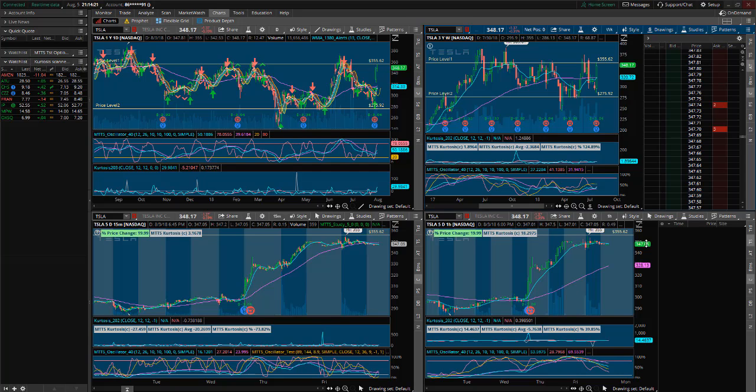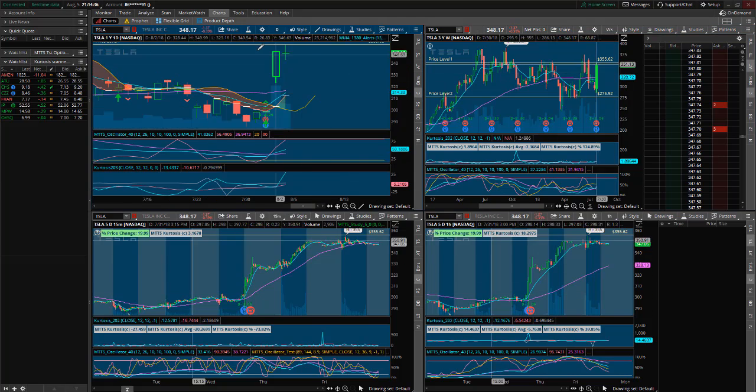Expect a slight pullback on Monday, which is going to be your indicator to load up on it, because the next day, or maybe even in the middle of the day, it'll start climbing back up. I like this pattern right here with a doji.